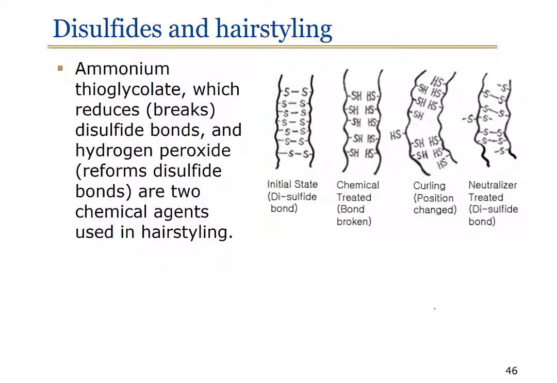So you can either straighten hair, or you can curl hair, and the straight hair or the curly hair will stay like this for a while. In hairstyling, you have a reducing agent called ammonium thioglycolate that breaks the disulfide bridges, and then you have hydrogen peroxide that reforms them again. Those are 2 chemical agents used in hairstyling.